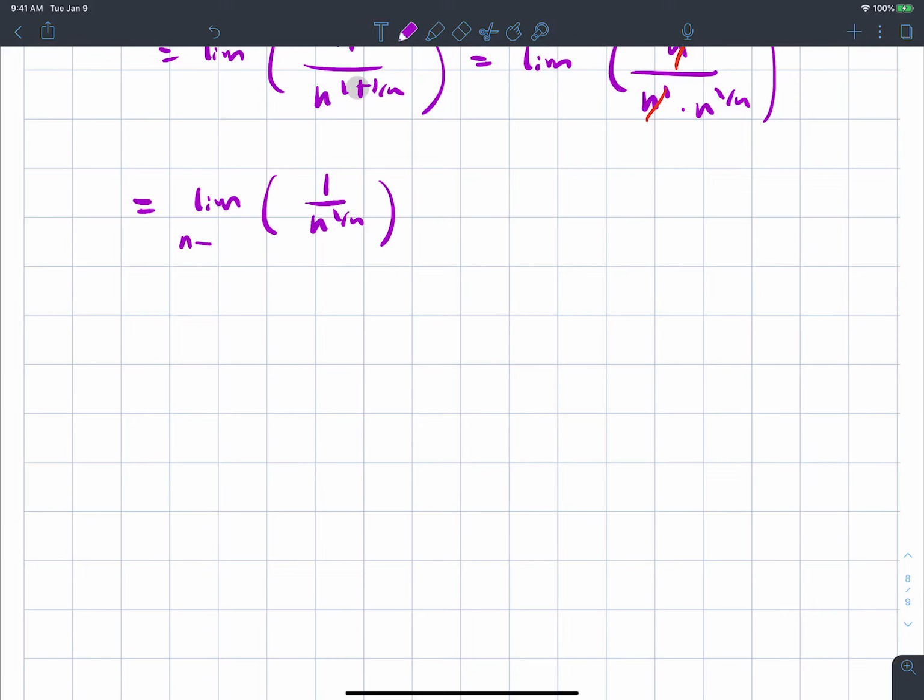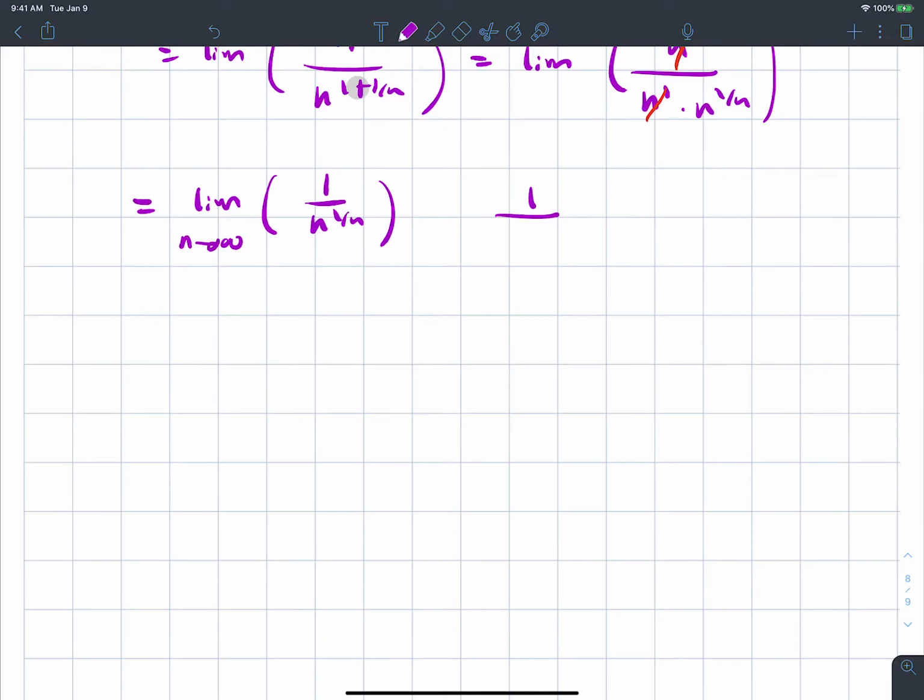Now, we don't know what that limit is, because if we try to apply this, what do we get? This is a bit interesting. So we have the numerator is 1, and then we have the denominator.